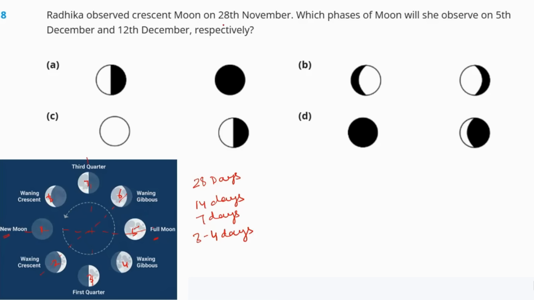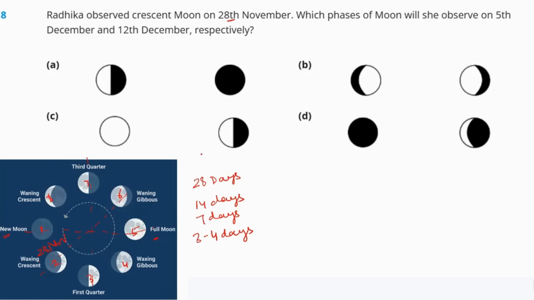Now on 28 November, it was a waxing crescent, right? Then which phases of the moon will she observe on 5th December and 12th December? After 28th November, 5th December would be approximately 7 days after that.